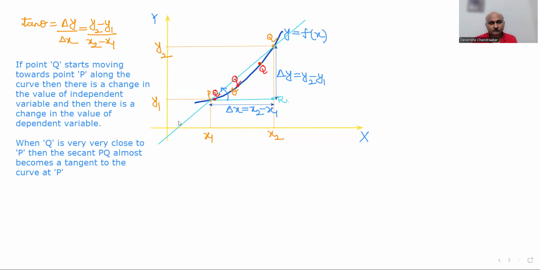This point P remains fixed. So this will be the first change, right? When Q is moving towards P, then this is the second change, PQ. Then finally, all of you can see here, when Q is very close to P, the secant is almost becoming a tangent to the curve. Yes or no?